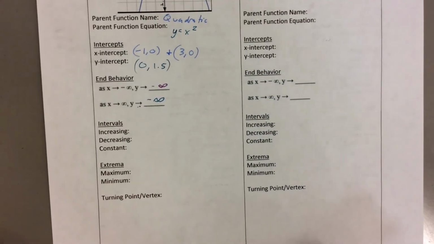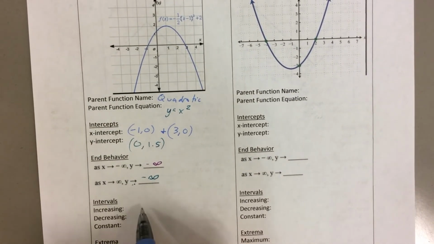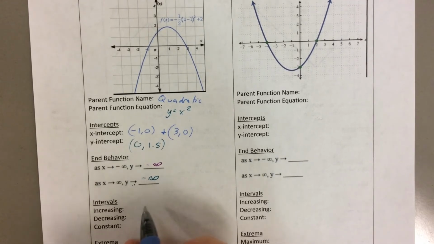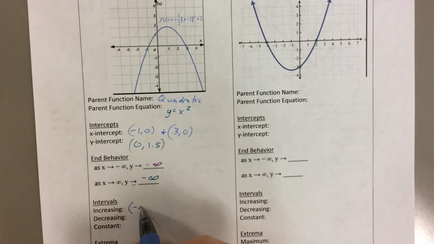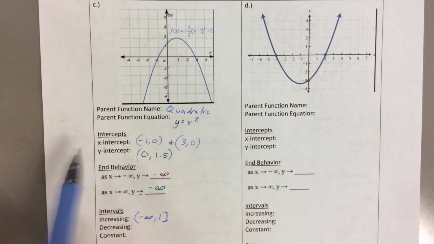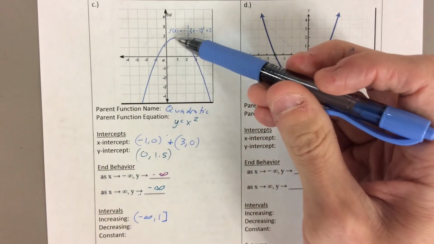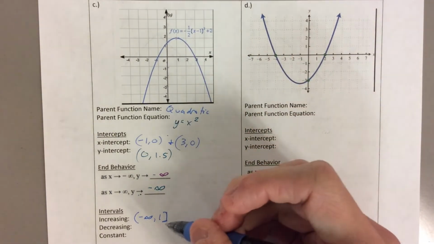All right, almost done. We've got these intervals of increasing and decreasing and constant. So increasing is just simply going to be negative infinity to 1. So in other words, it's increasing from all of this negative infinity over here, all the way to an x of 1, which is included.